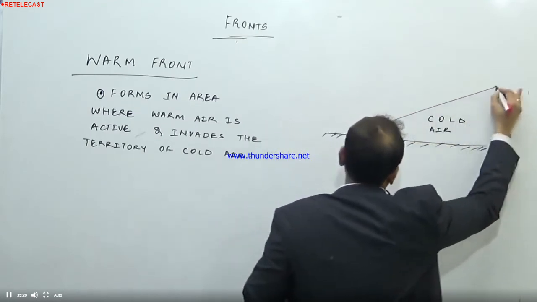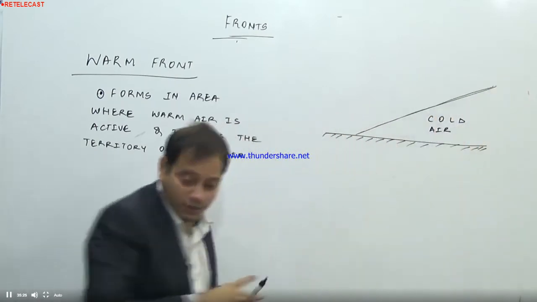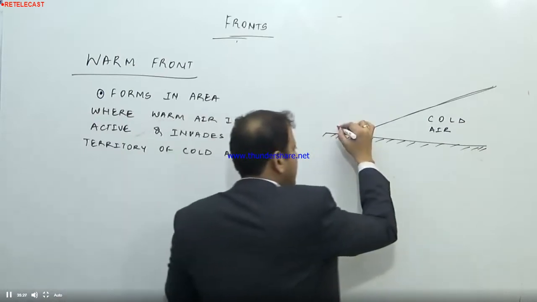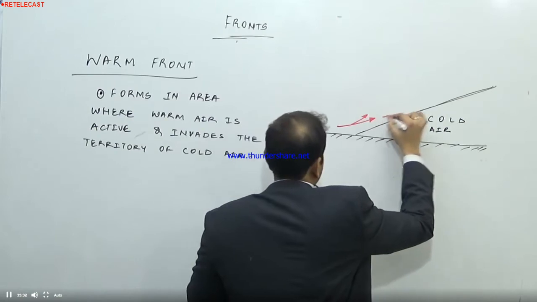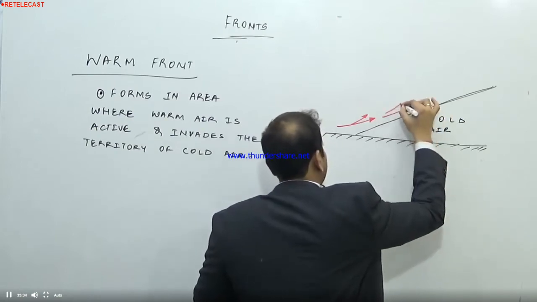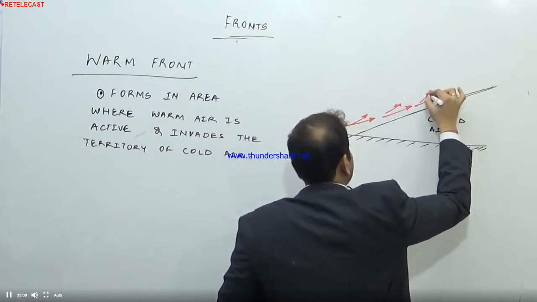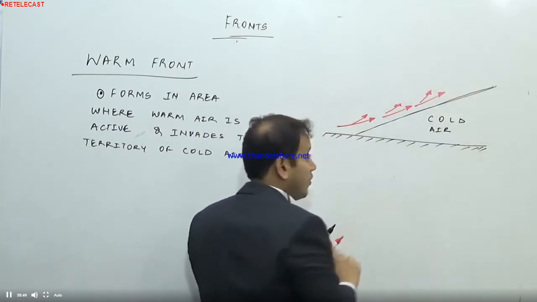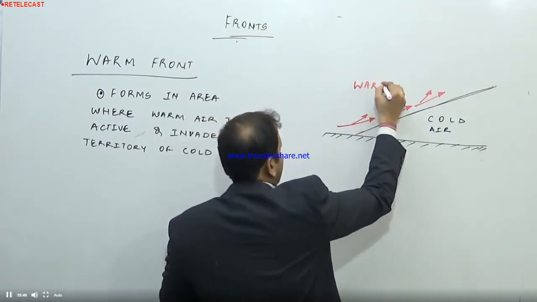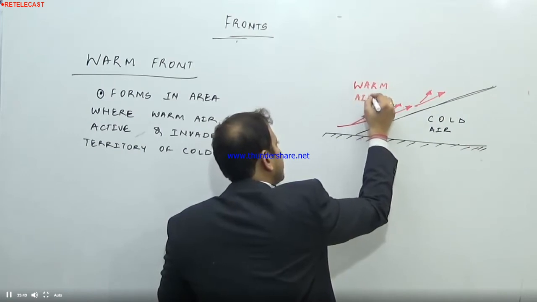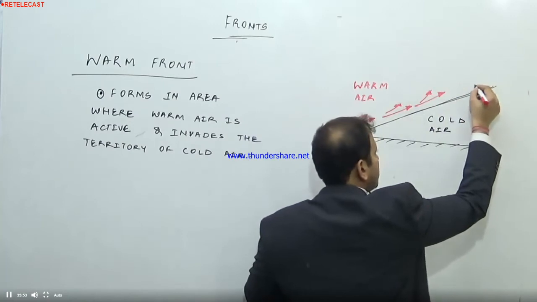The warm air is invading the area of the cold air, and because it is invading, it is voluntarily rising upwards, and because it is rising upwards, there is a formation of nimbostratus clouds. While this sloping boundary between the cold air and warm air is known as the warm front.